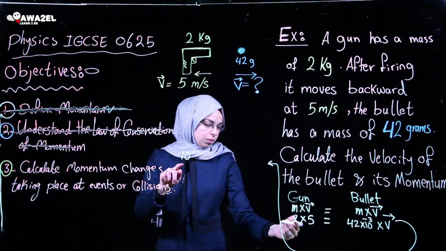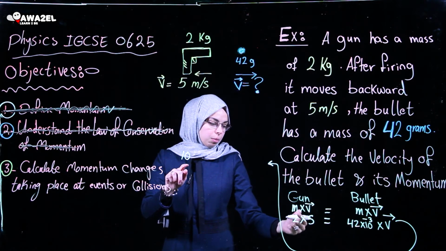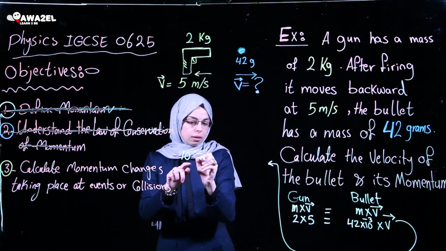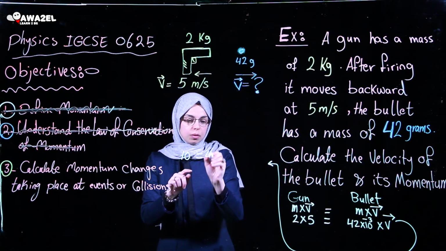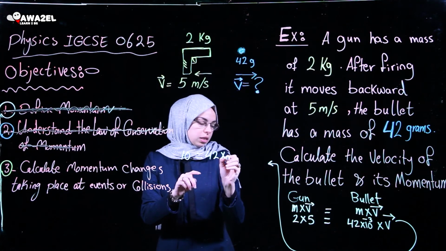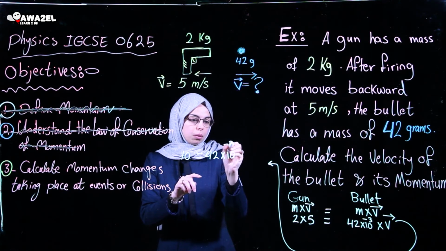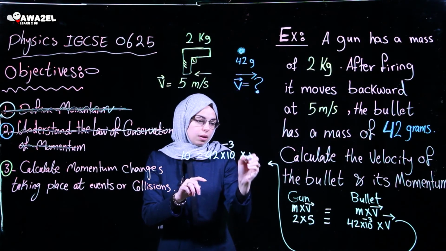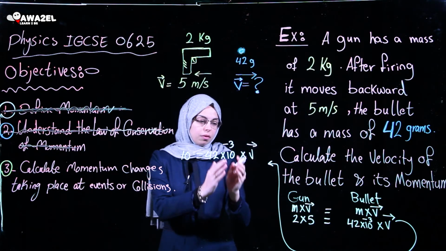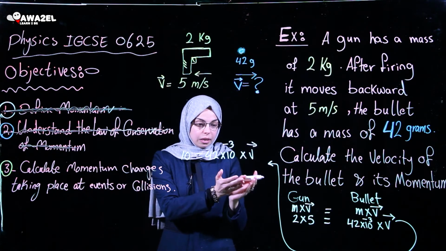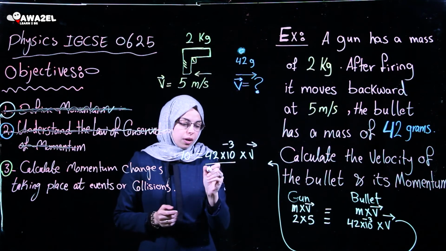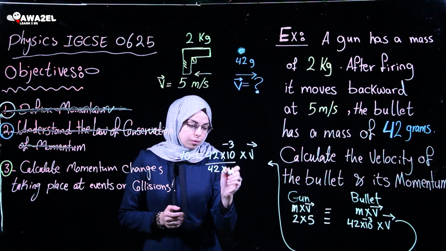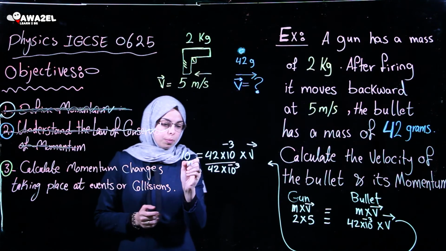So 10, 2 times 5, the momentum of the gun, equals 42 times 10 to the power minus 3 times v, the value of the velocity of the bullet I want to find out. Now, I will divide by 42 times 10 to the power minus 3 both sides.